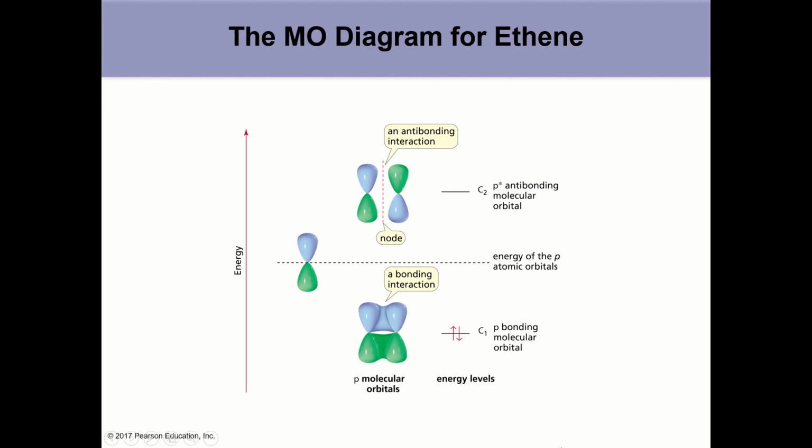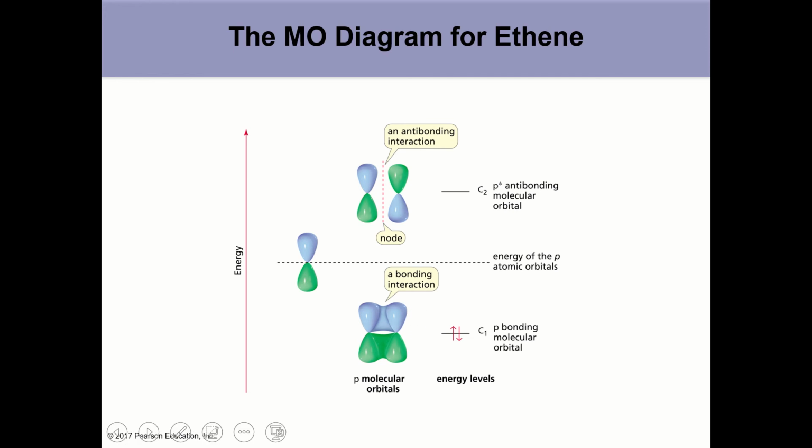orbital. So for ethene, we draw two p orbitals because there are two carbons with p orbitals. The bonding molecular orbital for the pi bond has two parallel p orbitals with the phase matching.